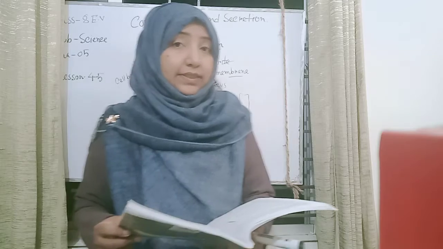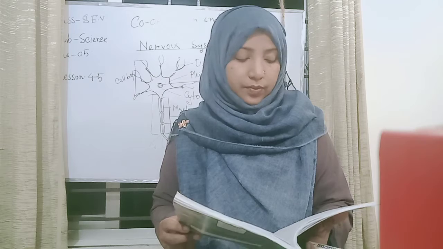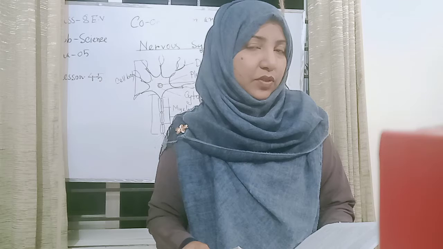The cell body is composed of cell membrane, cytoplasm and nucleus. Nerve cells have no centriole, so they cannot divide like other cells. This is the main difference between the nerve cell and other cells.